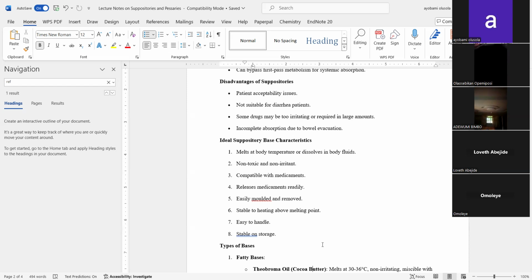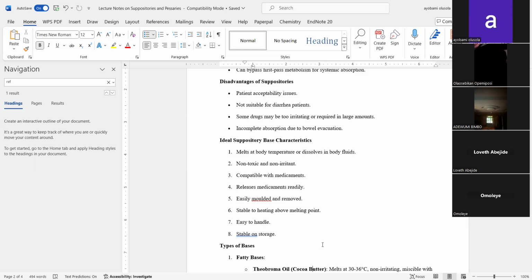But the base you use in making suppositories must have the following ideal characteristics. Number one, it must melt or dissolve at body temperature. Once you insert it, it must melt or dissolve inside the body fluid. It must be non-toxic and non-irritant. It must be compatible with medicaments. It must release the medicament readily.